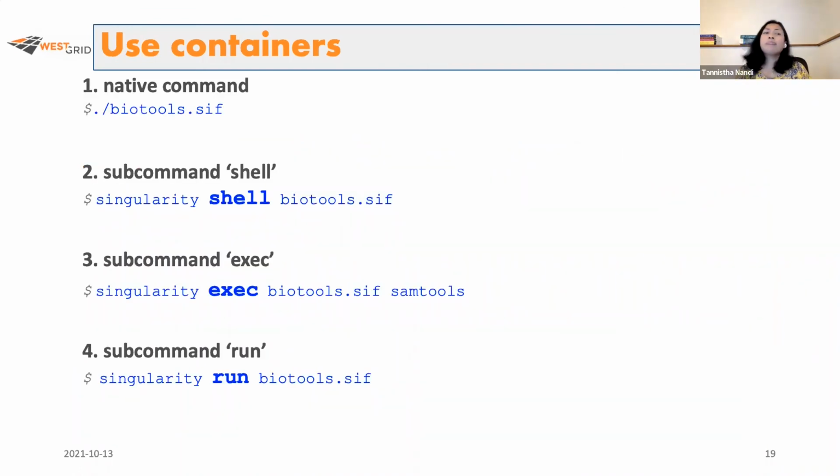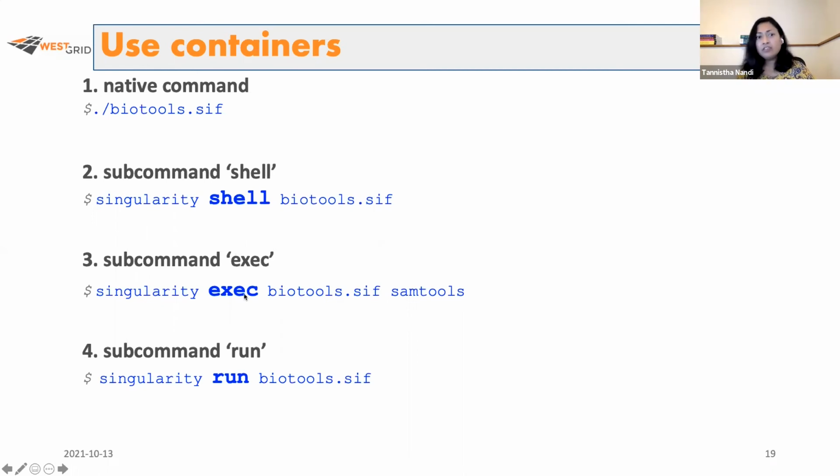So just to review the different commands that we have talked about so far to use these containers. A very simple one is a native command, just execute it if you have just one thing that the container does, and whatever is in your run script by default, that gets executed. If you want to explore the container and go into an interactive mode to explore the different directories and content within the container, use shell.